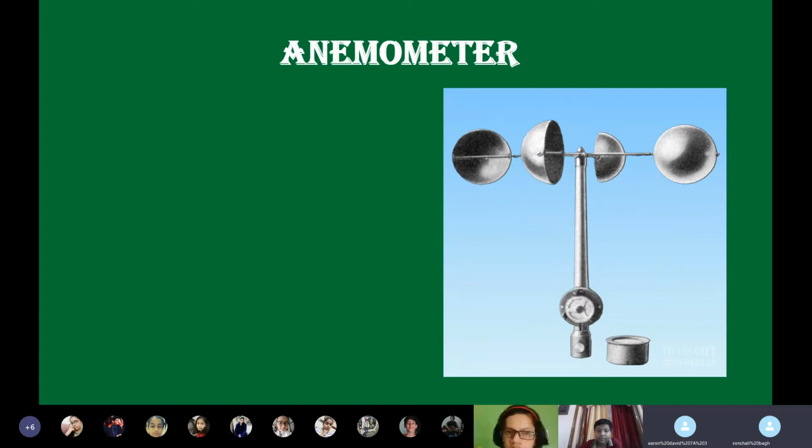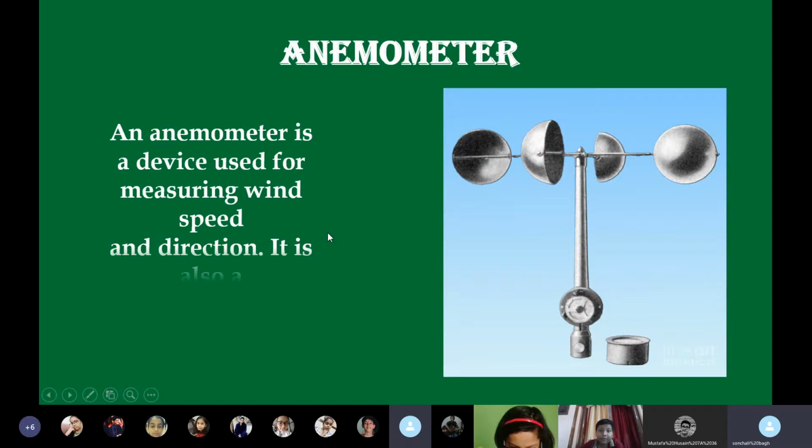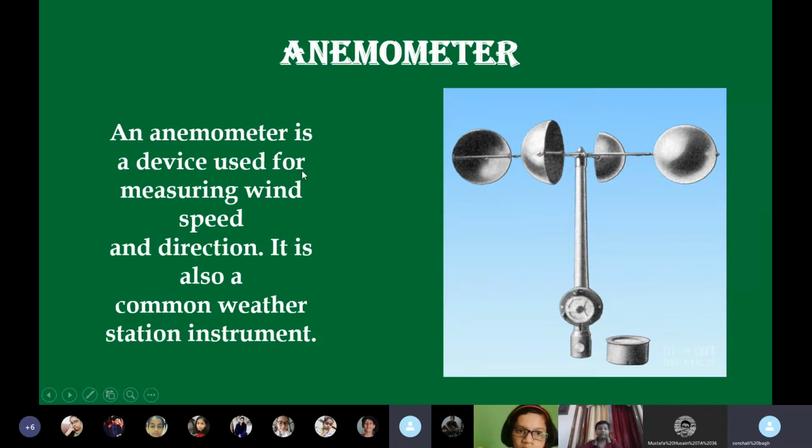It also shows in which direction the wind is blowing, the direction the air is coming from. Right. So, an anemometer is a device used for measuring wind speed and its direction. It is also a common weather station instrument.